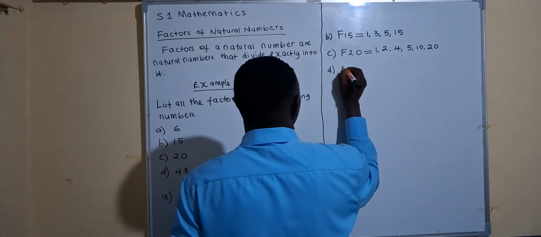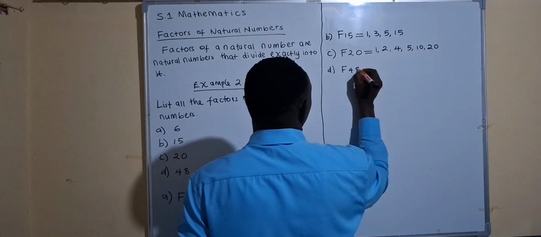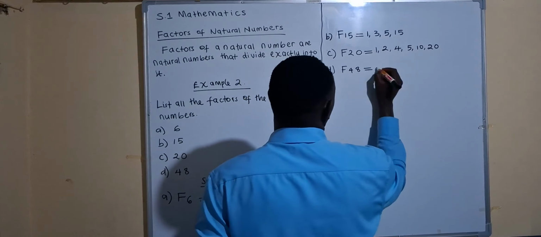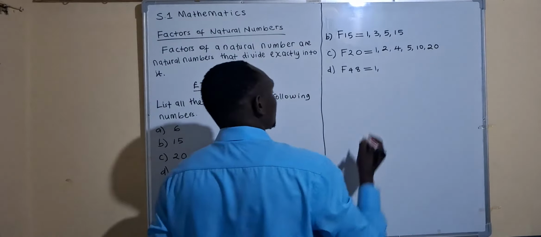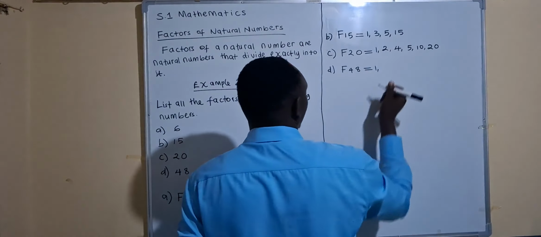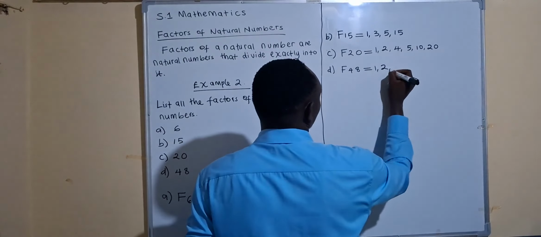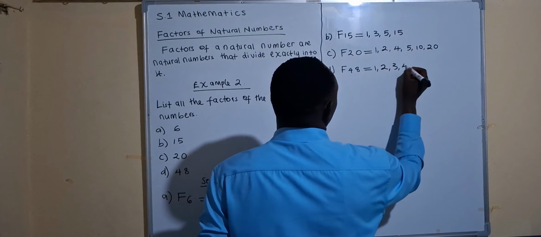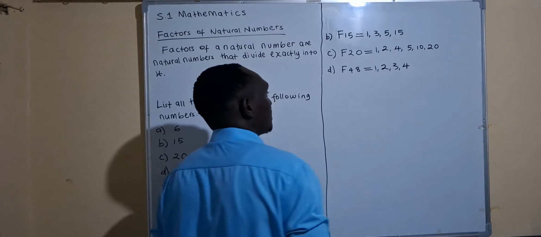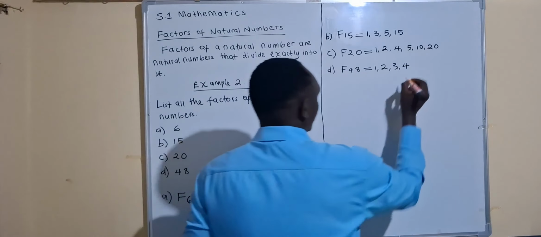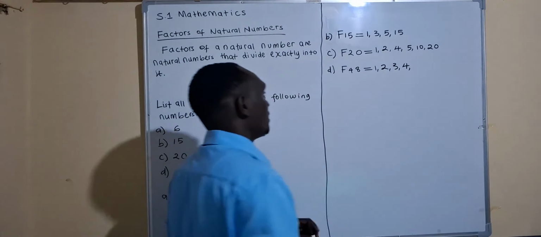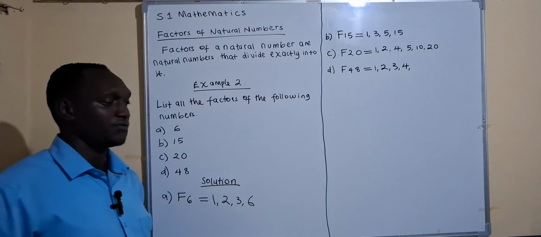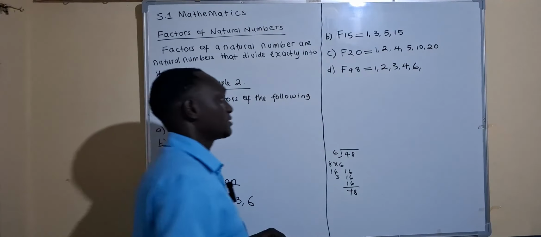Part D, how about factors of 48? These are numbers that divide 48 and there is no remainder. 1 can divide. You divide by 1, you get 48. Then by 2, you get 24. Then by 3, you get 16. Then by 4, you get 12. By 5, cannot. By 6, yes. 7 cannot.